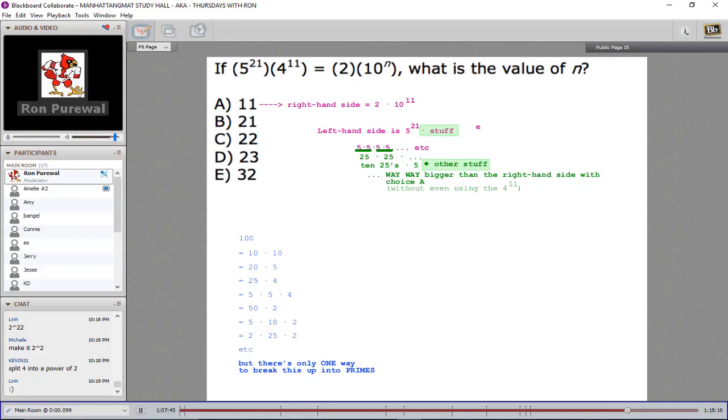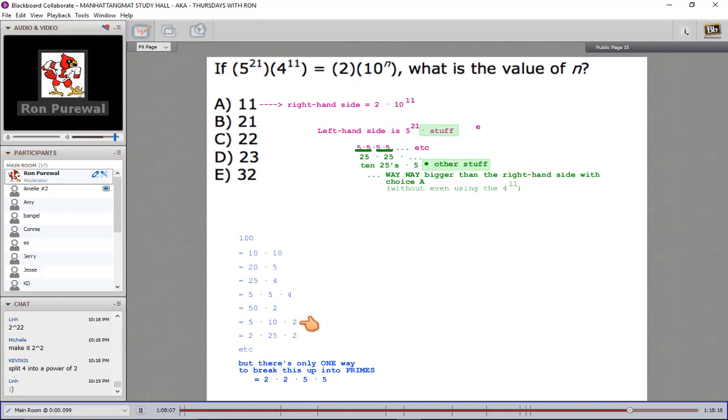This is the whole point of prime factorizations. What you're looking at here is that the left-hand side is kind of like if I broke up 100 like this, and the right-hand side is kind of like if I broke up 100 like that. These are the same number.